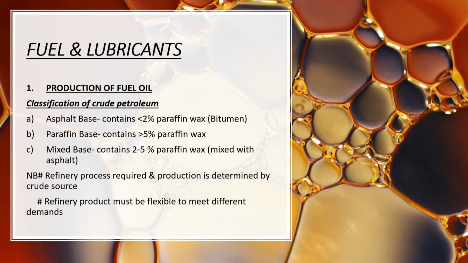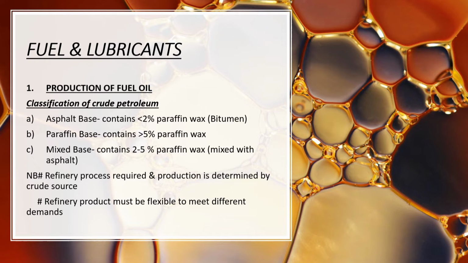In order to break down and simplify this crude oil for different purposes and uses, we have what we call the refining process. This is done in refinery plants, and the refinery itself must be flexible to meet the demand of different fuels to be produced and different oils from different crude sources.